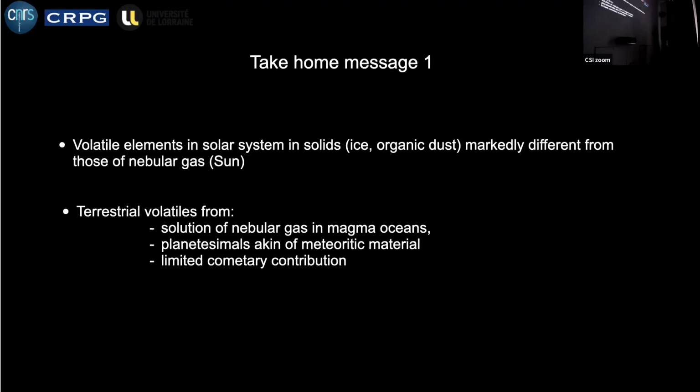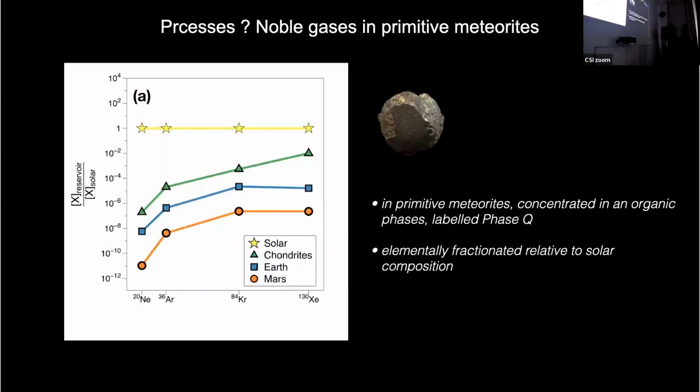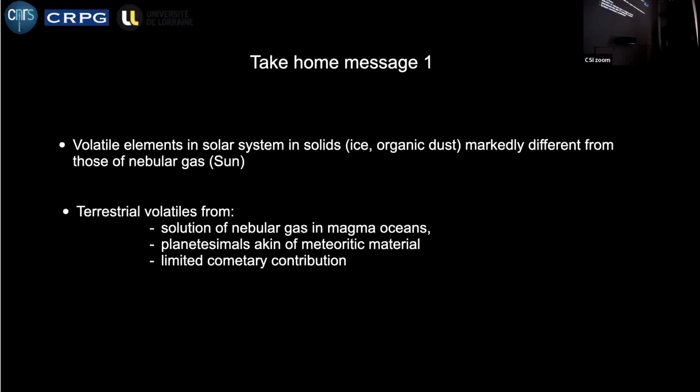But most of the volatiles are derived from planetesimals that are also now represented by meteoritic material. And there was a limited, quite very limited contribution of cometary volatiles to the Earth, especially the Earth surface.